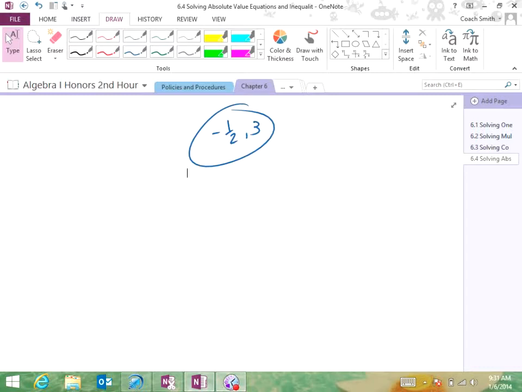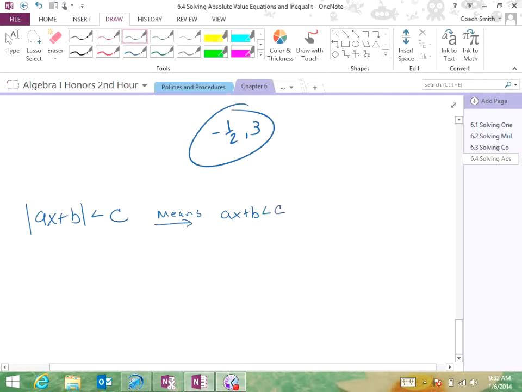Okay, let's look at the very first line there. It says the absolute value of a times x plus b is less than c. Okay, this means a times x plus b is less than c, and a times x plus b is greater than negative c.